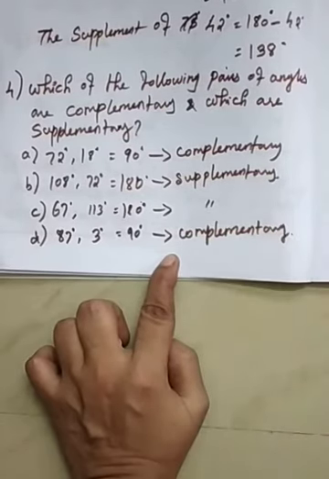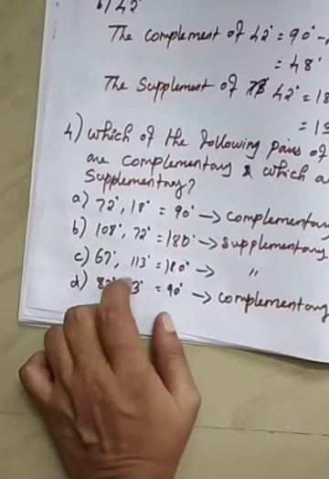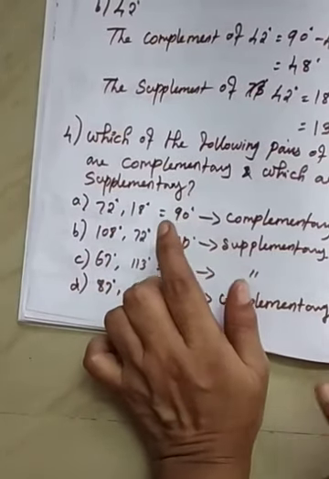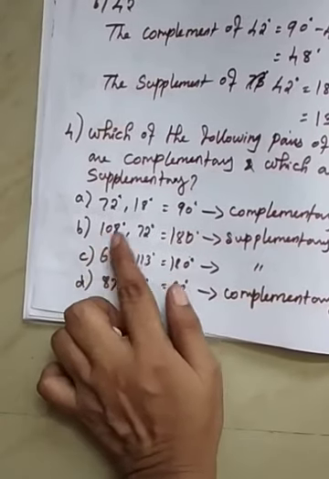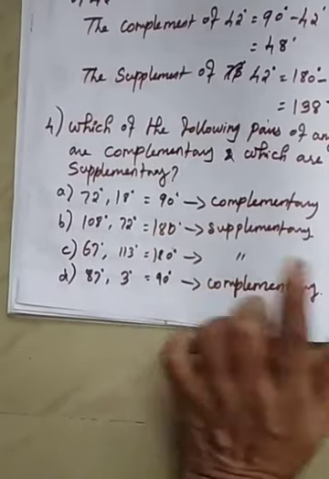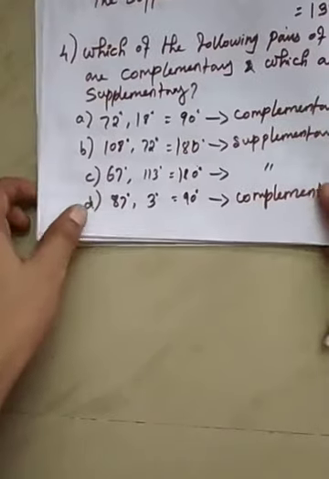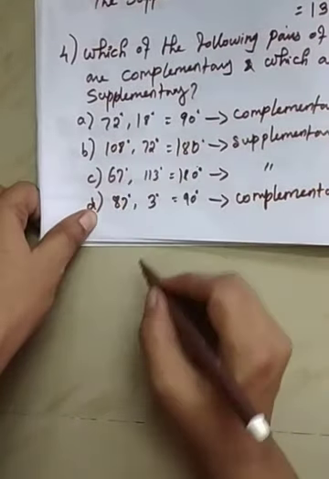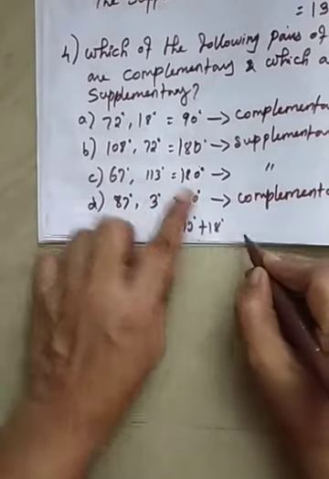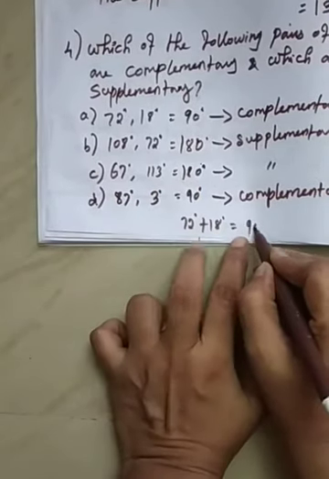or complement. Everybody clear? The sum of two angles is 90 degree means complement. The sum of two angles is 180 degree means supplementary. Okay, so properly you can write, see the first problem, 72 degree plus 18 degree equal to 90 degree.